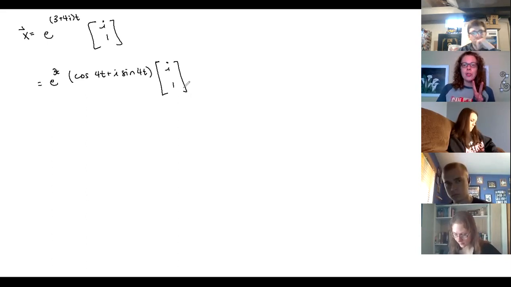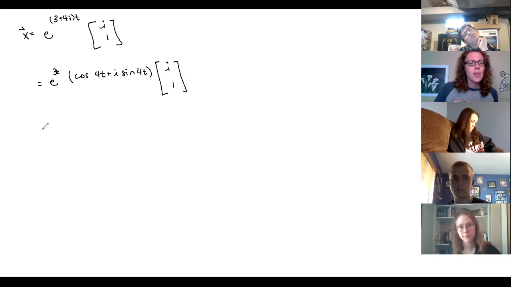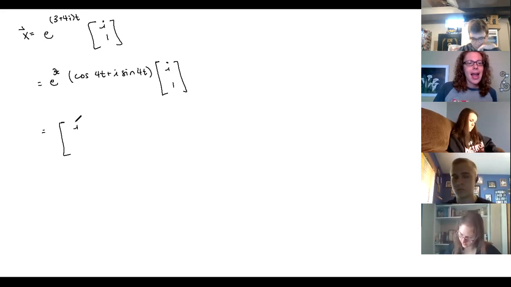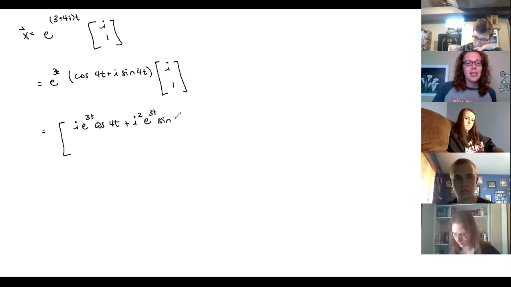Okay, I'm going to do 2 steps, and then in the next problem I won't write these out separately, but I'm going to do 2 separate steps here. So this is going to be i e to the 3t cosine 4t plus i squared e to the 3t sine 4t, right?